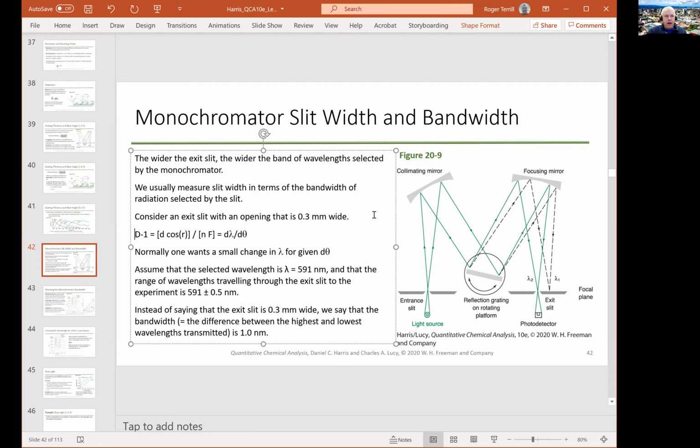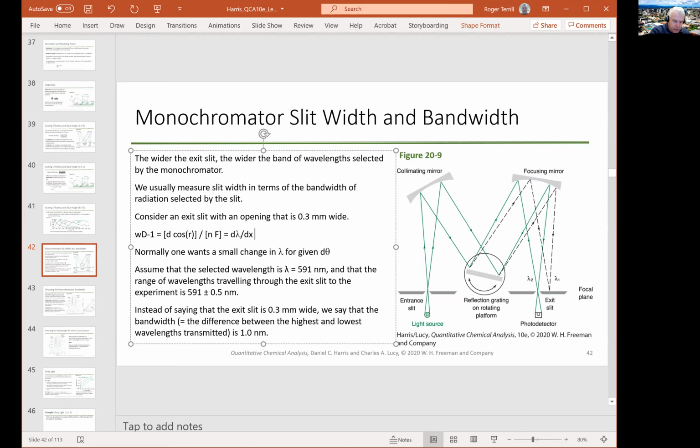That way you can define the effective bandwidth of a monochromator as the range of wavelengths that exit the detector. If you multiply this by the width W, then W times D to the minus 1 is equal to d lambda over dx. I'm sorry to change that up for you.